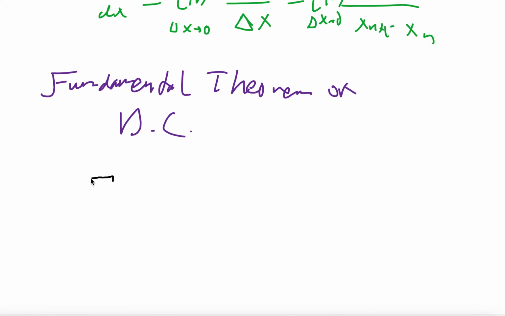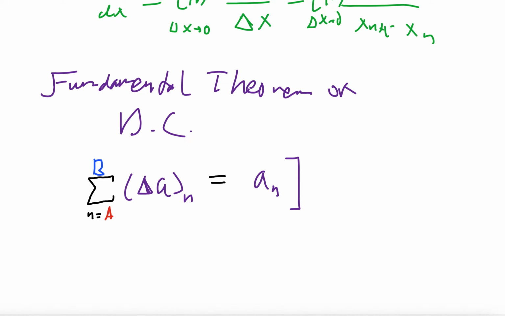It states that the sum, as the value n goes from a to some final value b, of the forward difference delta a at n, is going to be equal to the original sequence a at n, evaluated with the n subscript at b plus 1 on the top and a on the bottom. This is essentially the same thing as saying a sub b plus 1 minus a sub a.